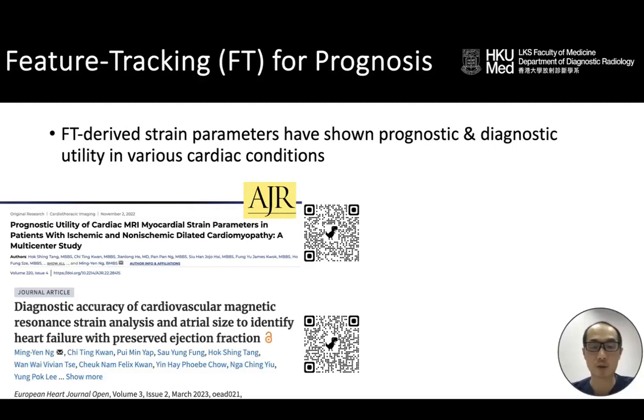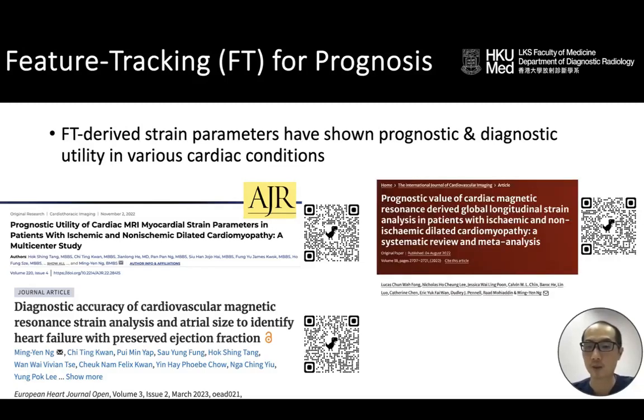We've also shown that CMR-FT is helpful in diagnosing HFpEF if you look at the left atrial strain. And in a systematic review and meta-analysis, we also showed that CMR-FT global longitudinal strain for the left ventricle, together with the multiple papers, has shown prognostic utility.